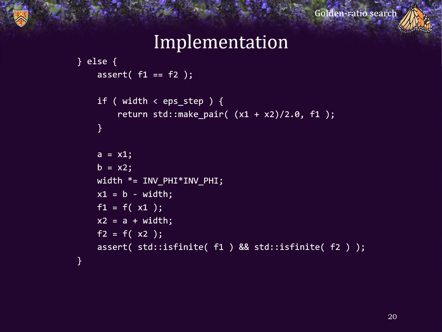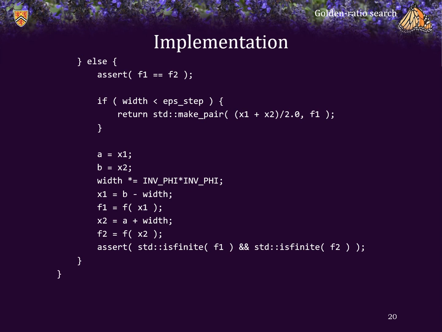So now we just update A and B to be the two interior points. We now perform two steps of the golden ratio search by multiplying the width by the inverse of phi twice. And now we calculate two new interior points, x1 and x2, based on this new width and evaluate the function at them. And we check to make sure that these new values are indeed finite.